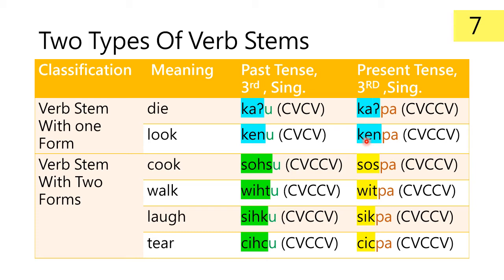Then we put the other type of verb stem, which have 2 forms, together, as shown respectively by color green and yellow. And we can discover that the difference between the 2 forms is that only one form includes a consonantal sound H, and the other does not.